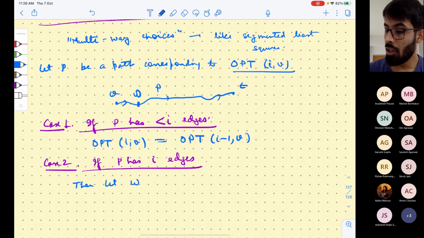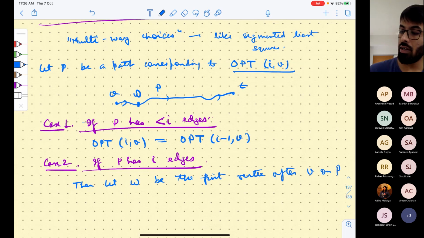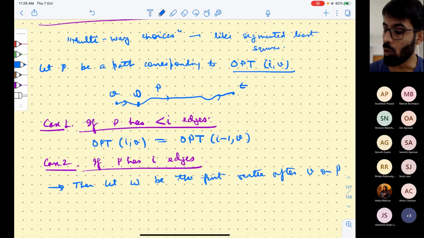Let w be the first vertex after v on P. So suppose we know this w.